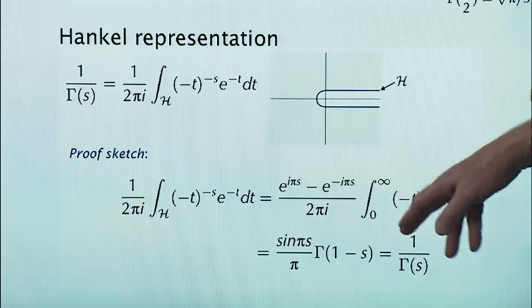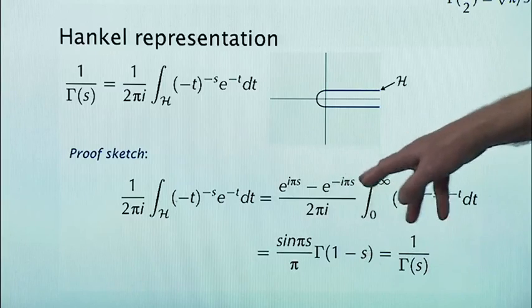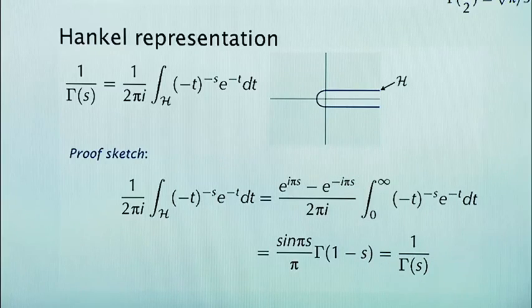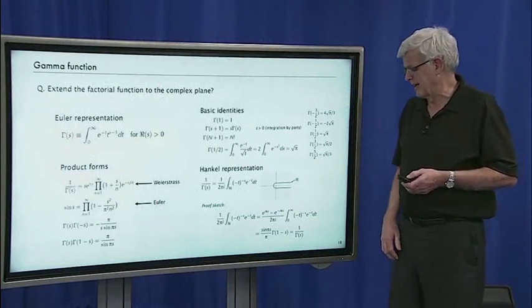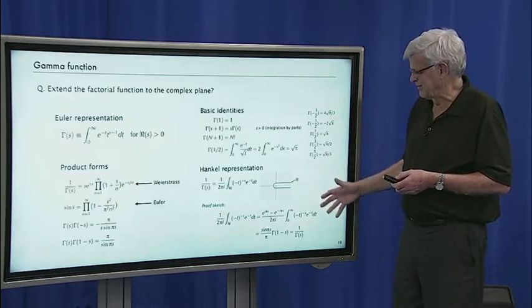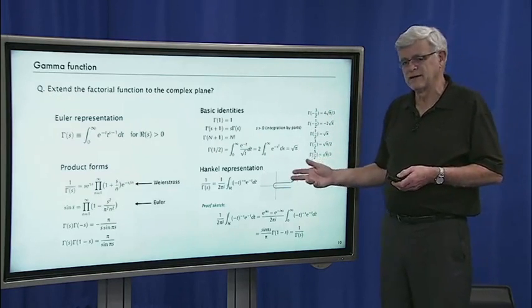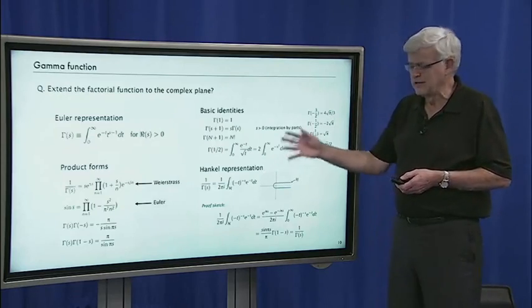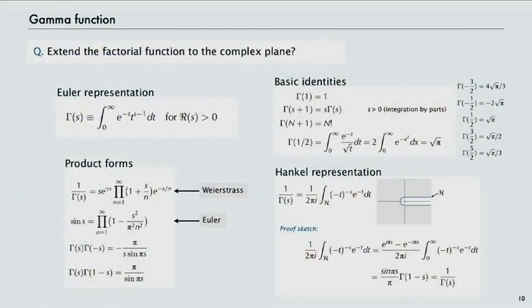And that integral is gamma of 1 minus s, and the other one, that's the definition of sine pi s over pi. And so from the reflection formula, you get back 1 over gamma of s. Now, it's not my point to prove all of these things, but this is a key formula that we use in singularity analysis, so that's why I pointed it out. And this is all classical analysis, and again, with many, many applications in applied mathematics.